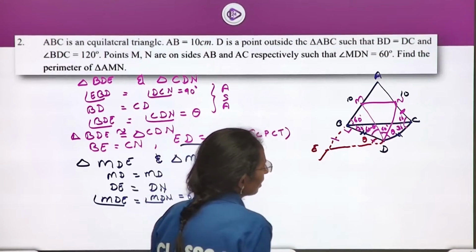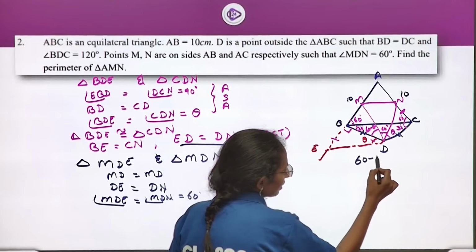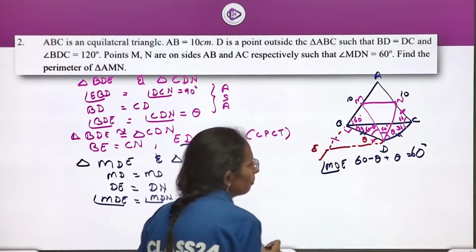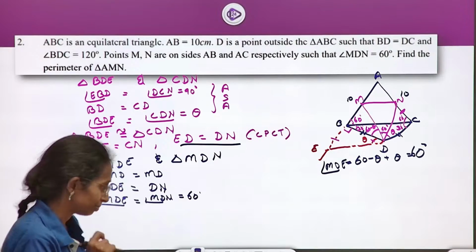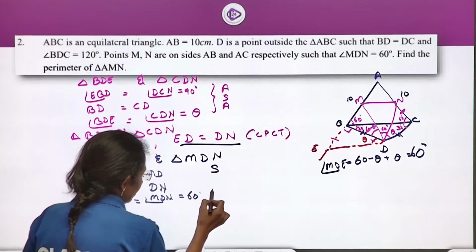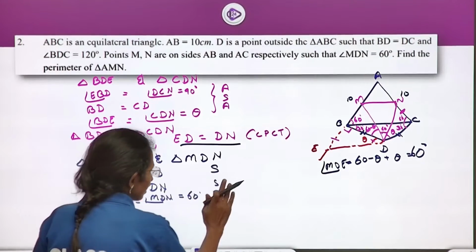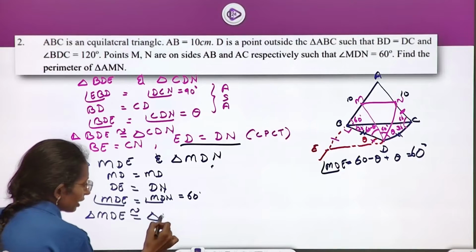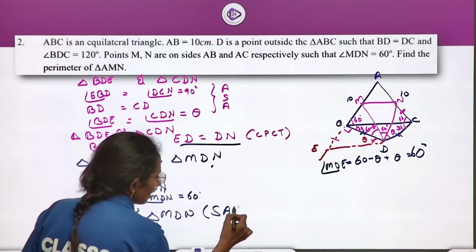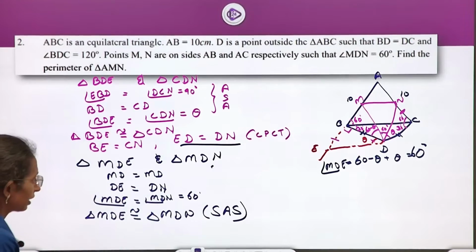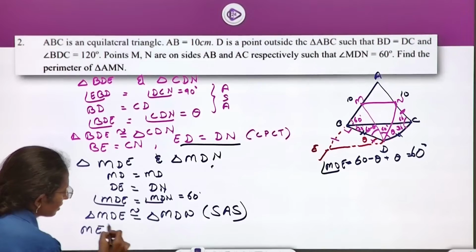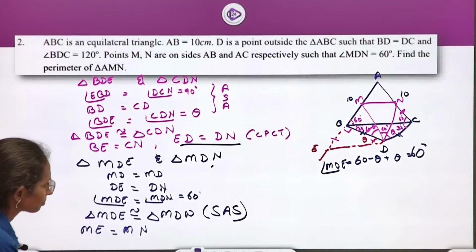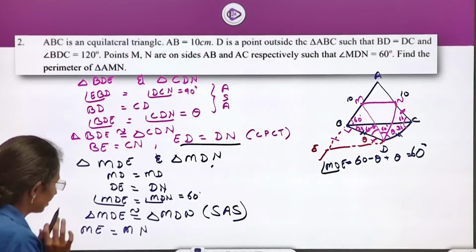This is given to us as 60 degrees, and when we add 60 minus theta plus theta, this is again giving us 60 degrees, so my angle MDE is also 60 degrees. So by SAS, this is not SSA, this is SAS congruency, triangle MDE is congruent to triangle MDN. From here we get that ME is equal to MN by CPCT again, and the rest we don't require.